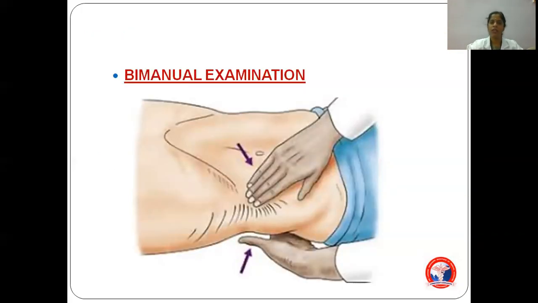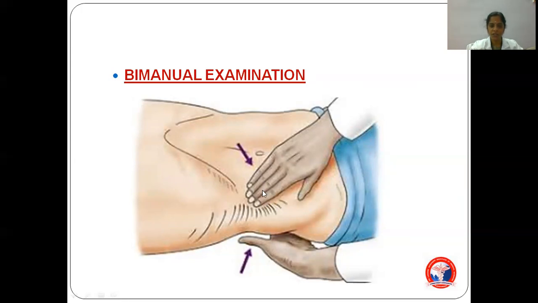Now how to palpate the kidney? Now you know the location of the renal angle. Now we have to palpate the kidney. It is named bimanual examination, by two hands. One hand you put under the posterior part of the abdomen, that is the loin here. The other hand you keep over the anterior abdominal wall.